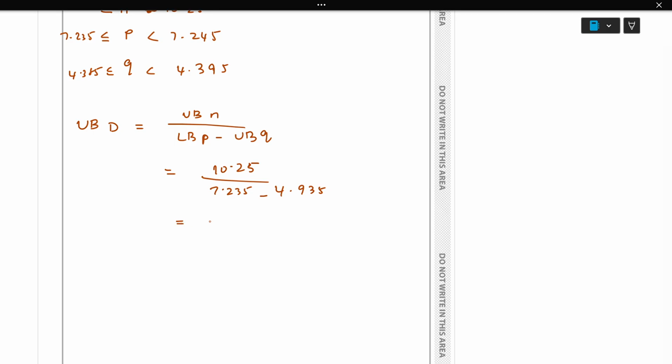So use the calculator, get the answer, which we'll get like 3.64436. So this is the upper bound of D.